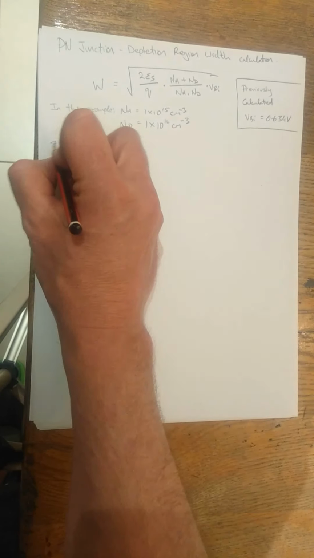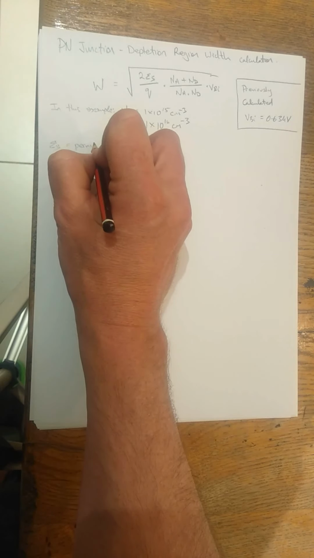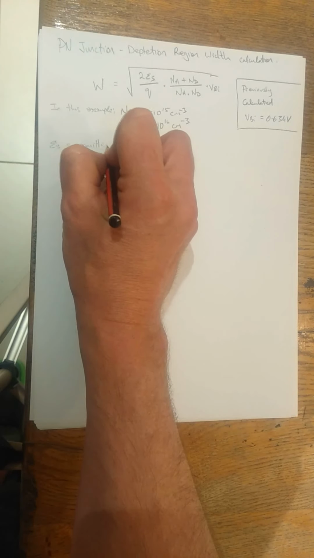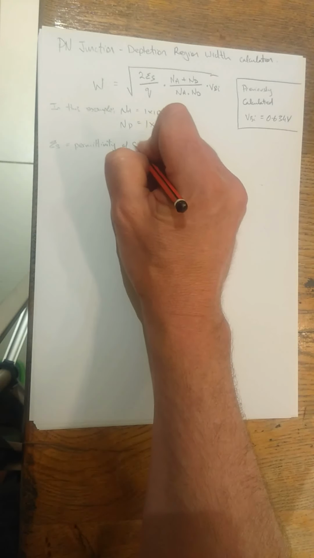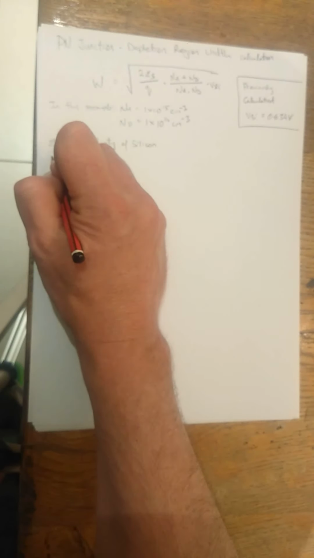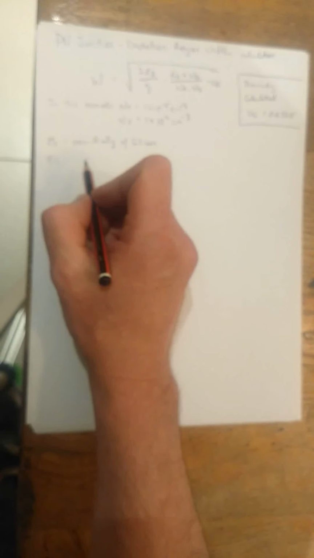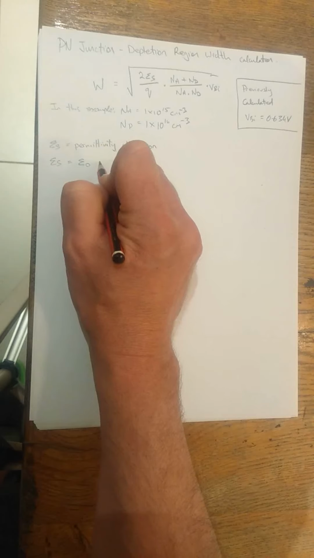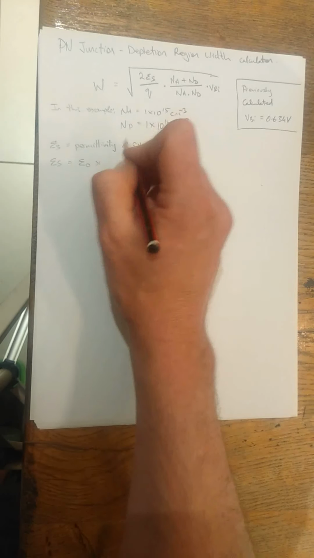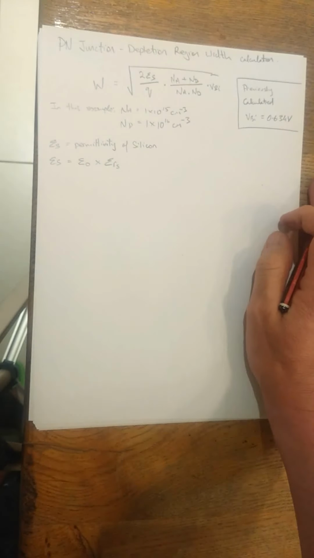In this case, epsilon s is basically the permittivity of silicon. Now, that can be written a different way, right? Epsilon s, the permittivity of silicon, can be put down as equal to epsilon 0 multiplied by epsilon, the relative permittivity of silicon.